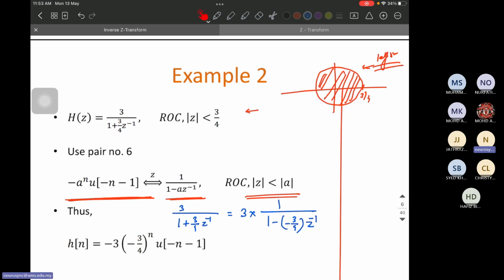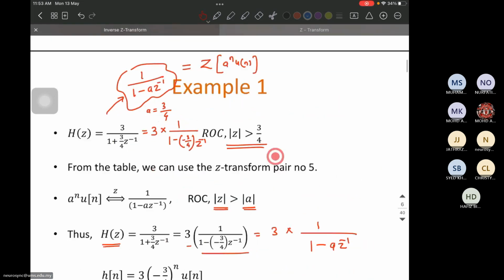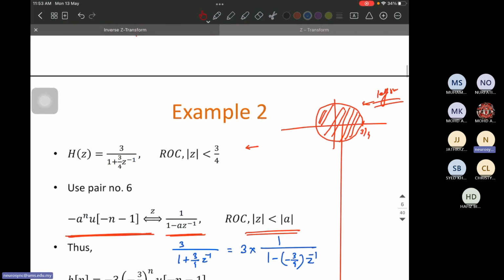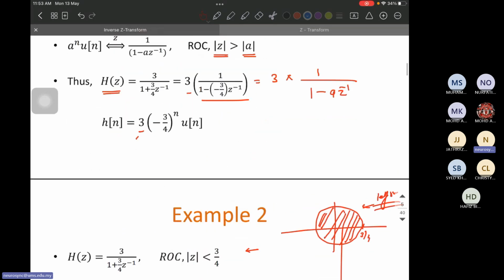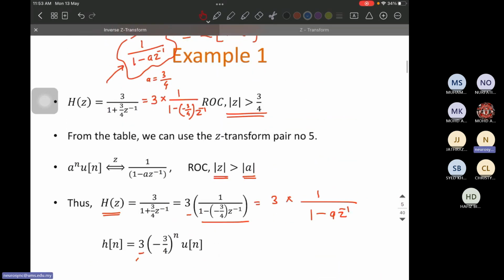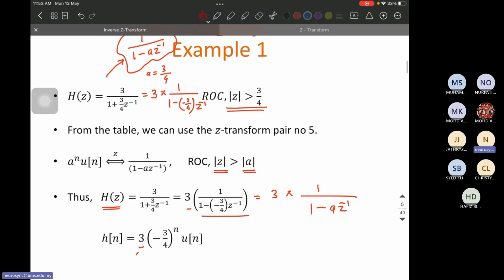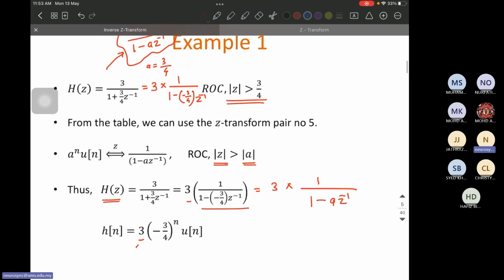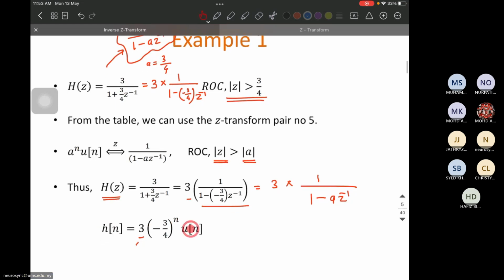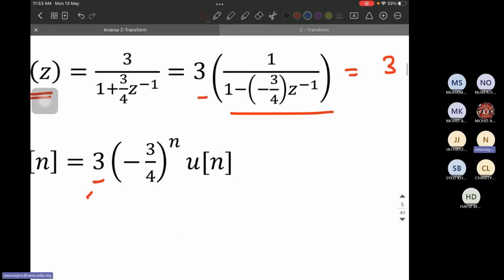Now you can just see here example 1 and example 2. What is the difference? H of Z is the same here, but ROC is different. Here ROC is mod of Z greater than 3 by 4, therefore the inverse Z transform of this signal is like this, where this is a right-sided signal.